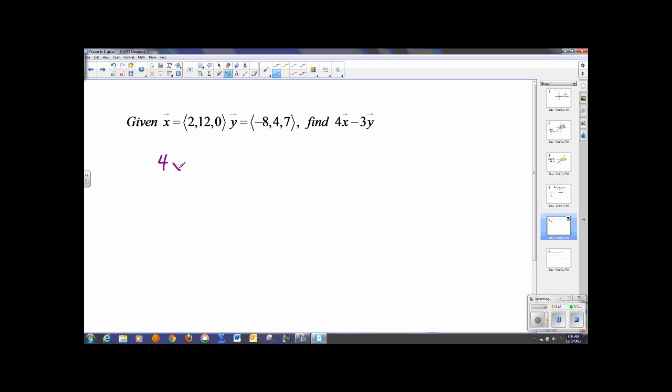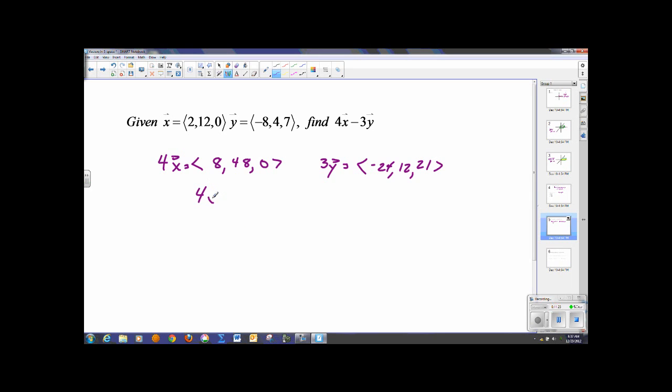So 4x is going to be represented by 8, 48, and 0. 3y is going to be represented by the vector negative 24, 12, and 21. And now I'm going to subtract these.